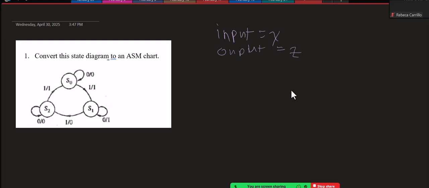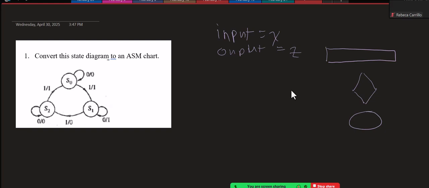Okay. So I'm going to say our input is named X and our output is going to be Z. And we denote states with a rectangle like that. Inputs will look like this. And outputs will look like this.